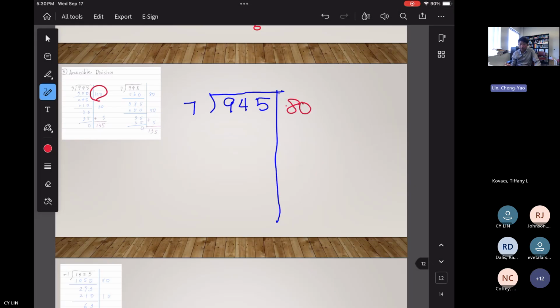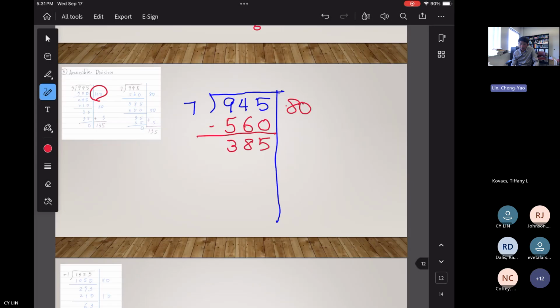Let's see if it still works. 7 times 80, how many? 560. So I subtract this, and I got 385.